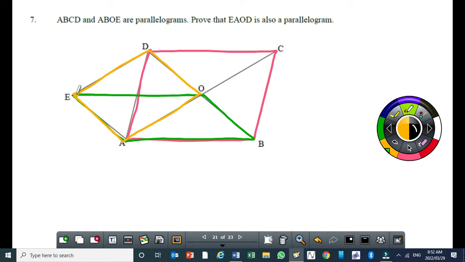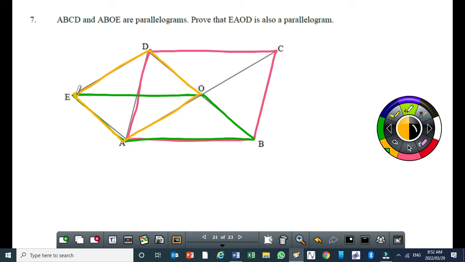Now, the question would be, how can we use the information that's there? We are given two parallelograms. We need to prove that EAOD is a parallelogram. The first thing you have to do is look at the diagram and decide which property of the parallelogram you want to use.